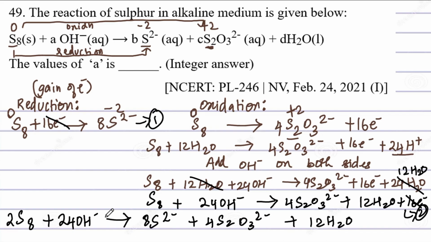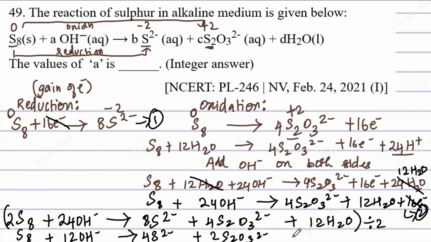In this equation, everything is a multiple of 2, so we divide the whole equation by 2. Then what will we get? S8 plus 12 OH minus gives 4 S2 minus plus 2 S2O3 2 minus plus 6 H2O. So this is the final balanced equation.